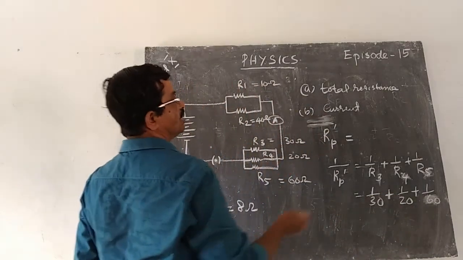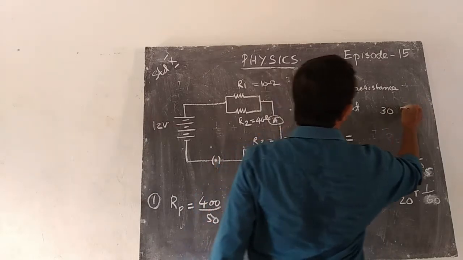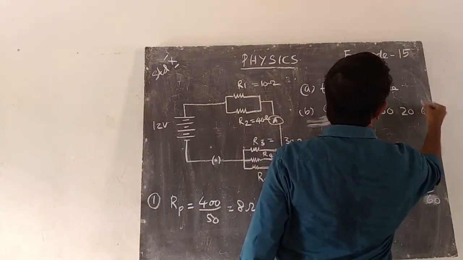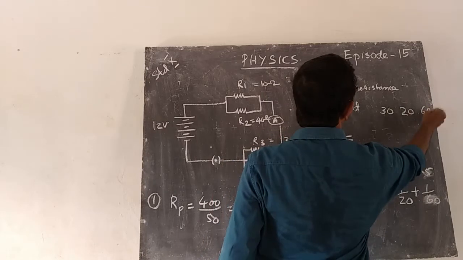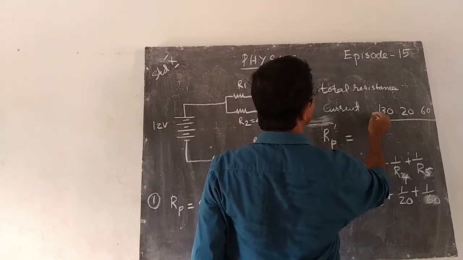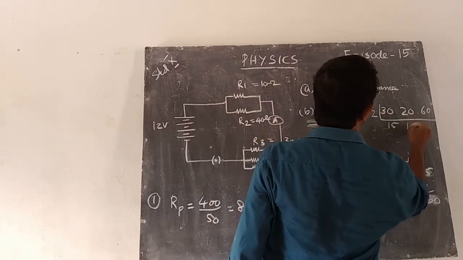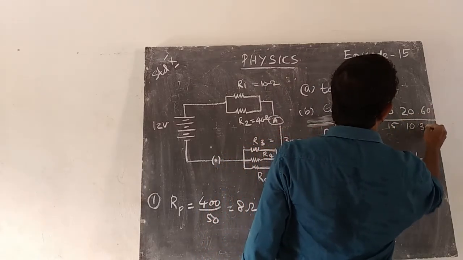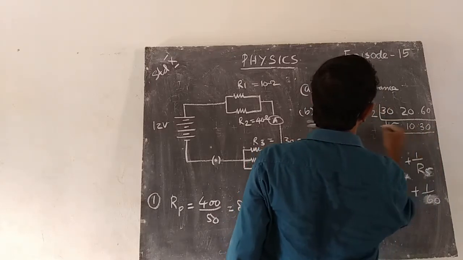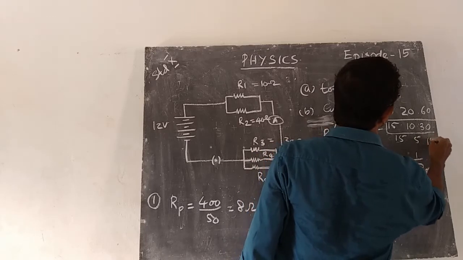Now we want to find out the sum of these three. By taking the LCM of 30, 20 and 60: first we can divide by 2, giving 15, 10 and 30. Again with 2, we get 15, 5, 15.